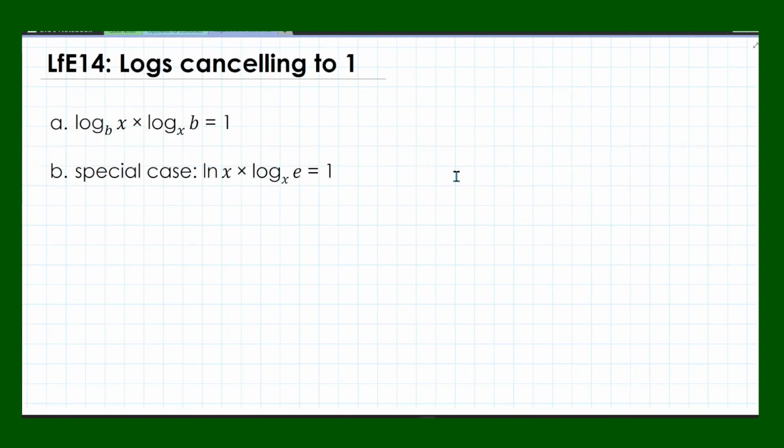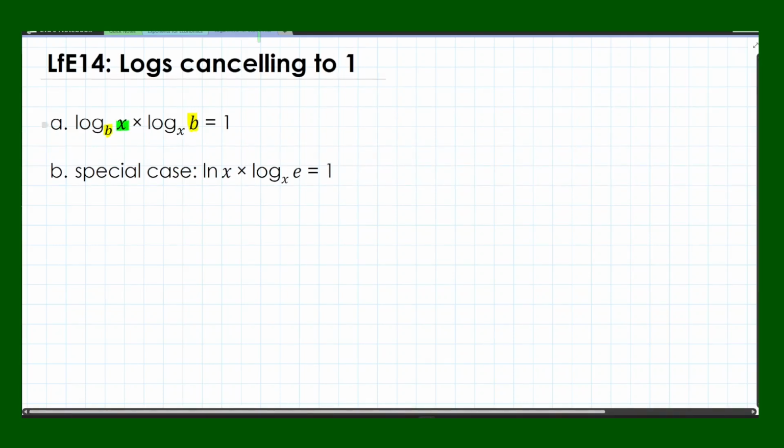Here is the rule in both forms, the generic and the special case of ln. So let us spend a couple of minutes on trying to understand how the rule works. First of all, what we observe is that there are two logs that are multiplied together. However, they have got different bases. And furthermore, for example, the first has base b, then that becomes the argument of the second log.